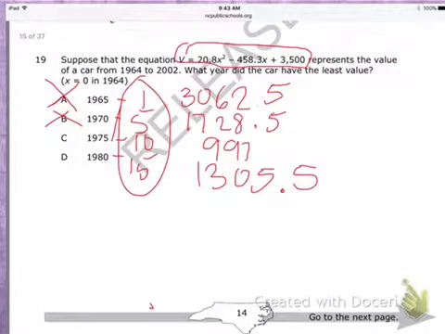C is 997, and D is 1305.5, and that is obviously bigger than C. So when you eliminate your choices, you get C, and that's how you have it.